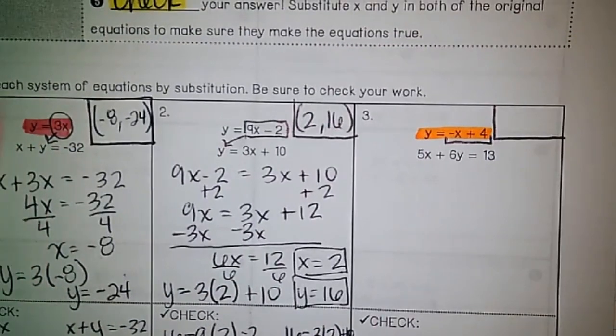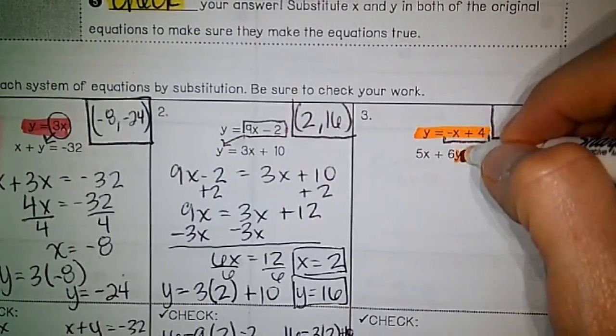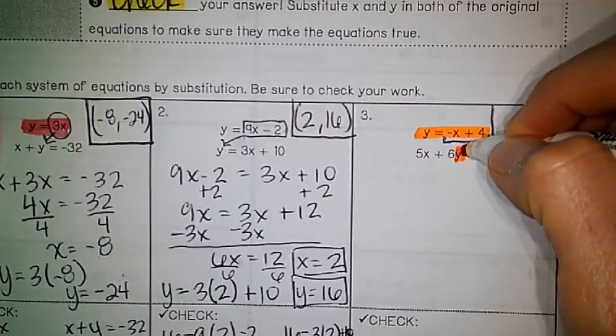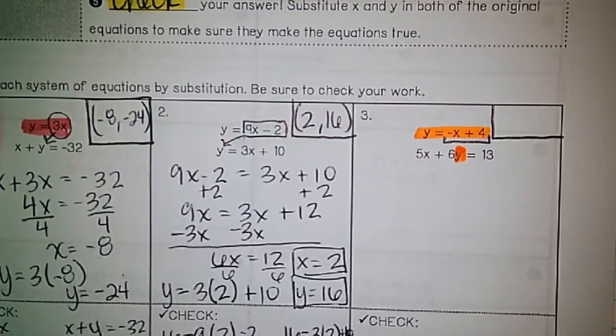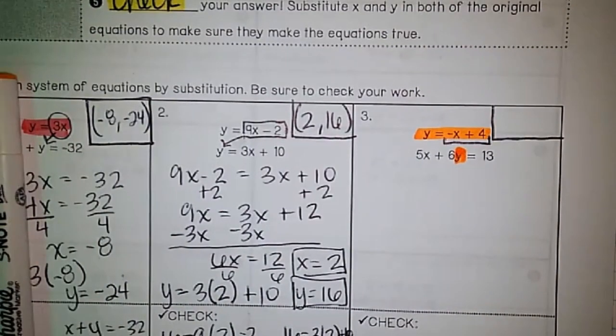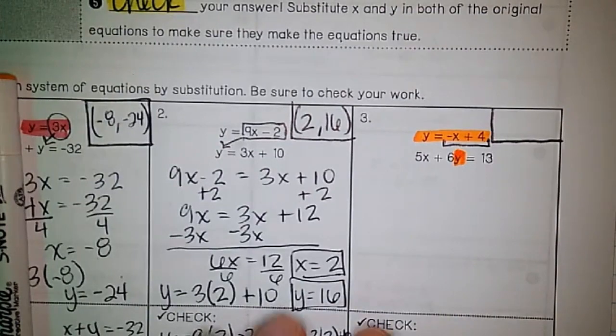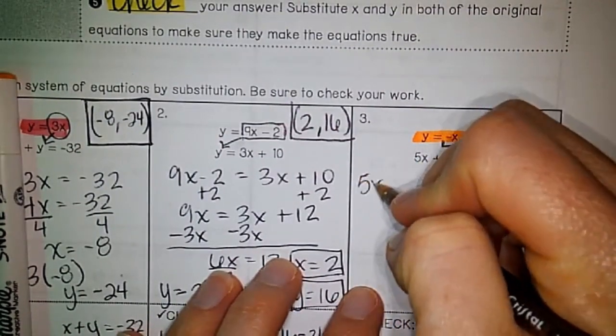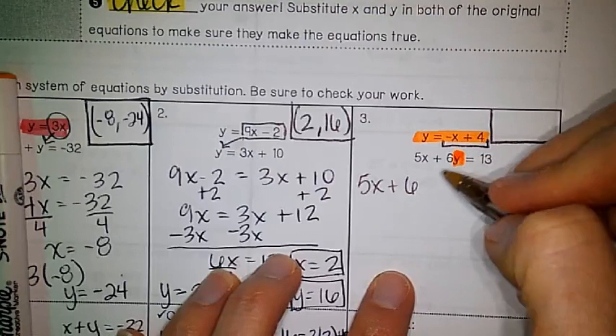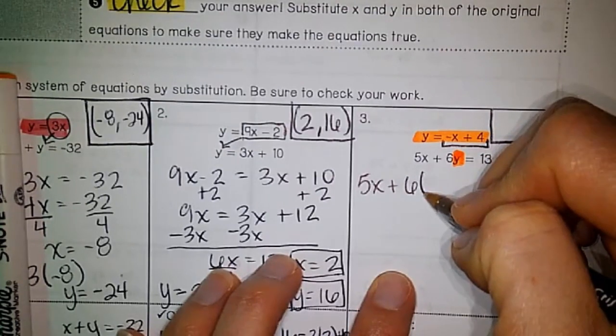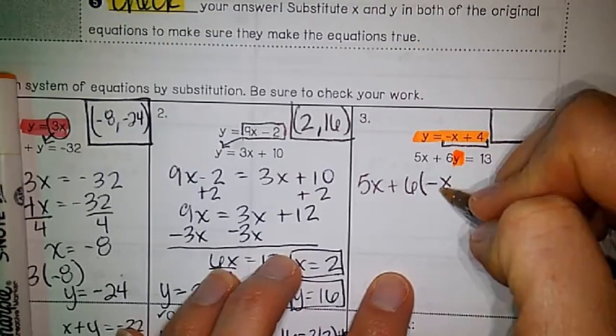So 5 times x plus 6, open parentheses, because we're multiplying, minus x plus 4, close parentheses, equals 13. So I want you to go ahead and see if you can solve for the value of x, and see if you can solve for the value of y.